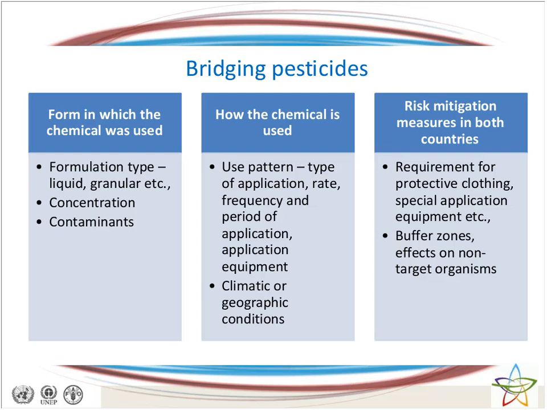For environmental exposure, it's very important to describe climatic or geographic conditions. And then it's important to describe the requirements for the protection of human health, for protective clothing, special application equipment, and to compare this with the conditions of use at the national level.